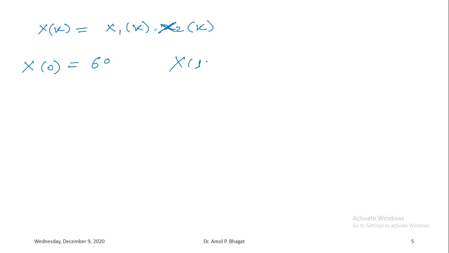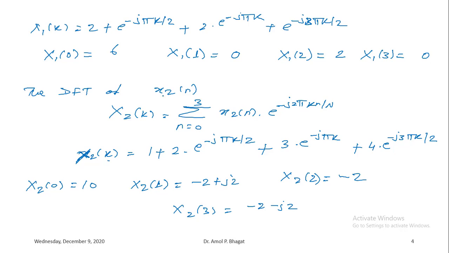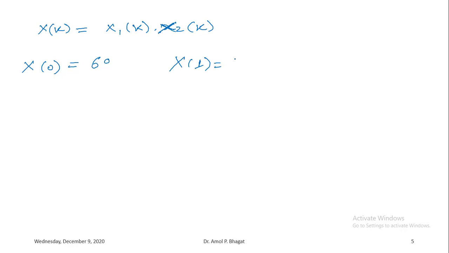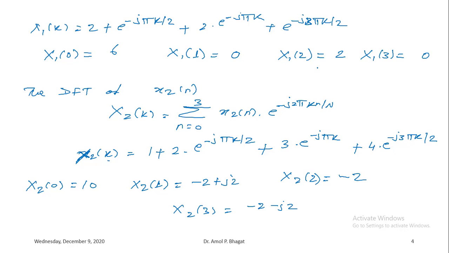Similarly, X of 1 will be X1 of 1 multiplied by X2 of 1. If you multiply these two values, 0 multiplied by anything will be 0. Then X of 2 will be X1 of 2 multiplied by X2 of 2, so minus 2 multiplied by minus 2 will be minus 4, right?